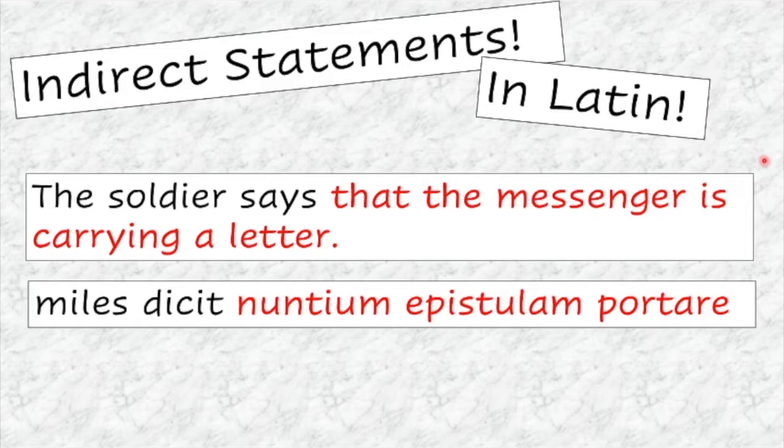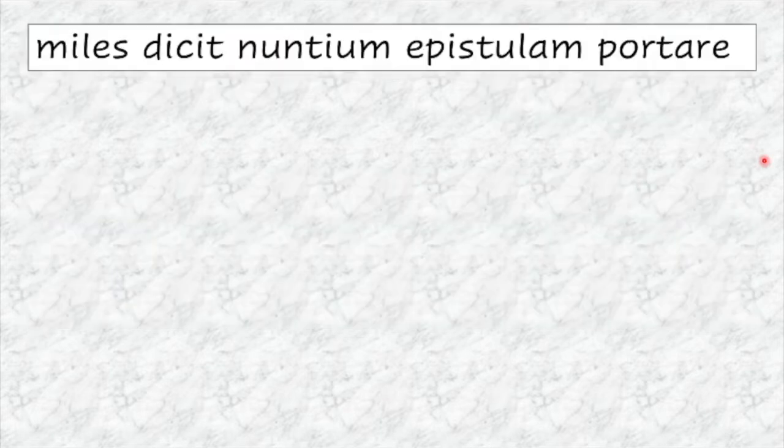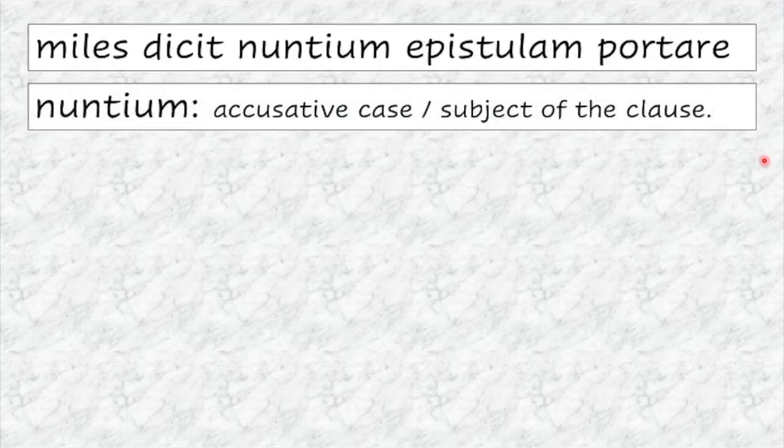Let's analyze now this sentence together. So, first, nuntium. Nuntium is accusative case, even if the word nuntium is the subject of my indirect statement.